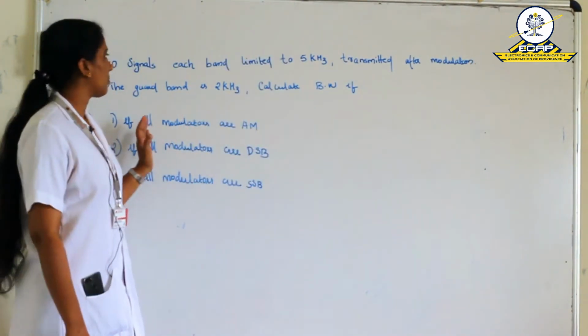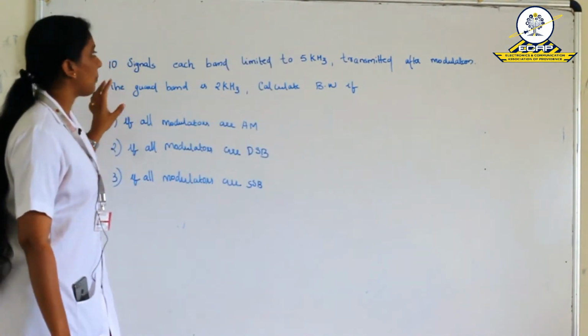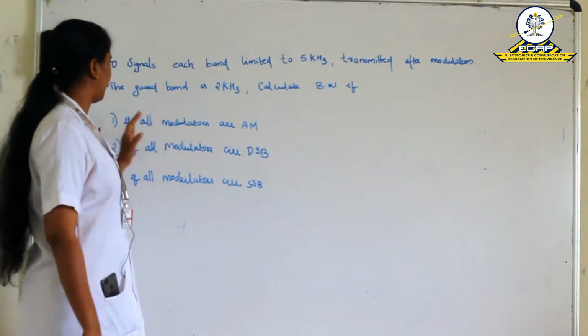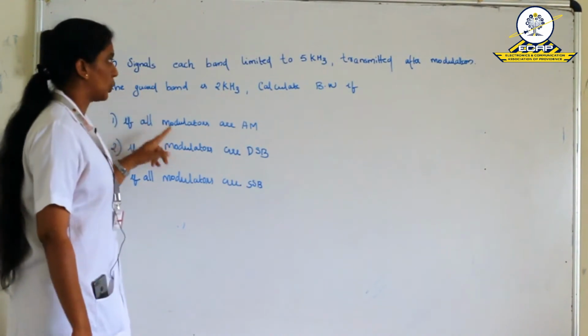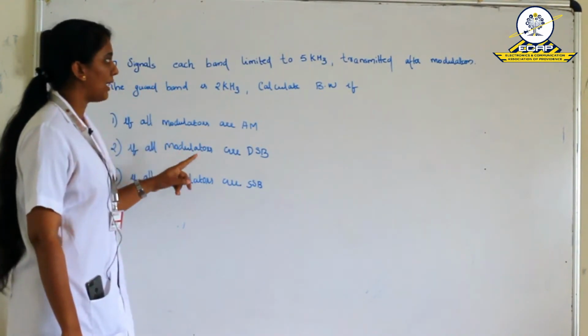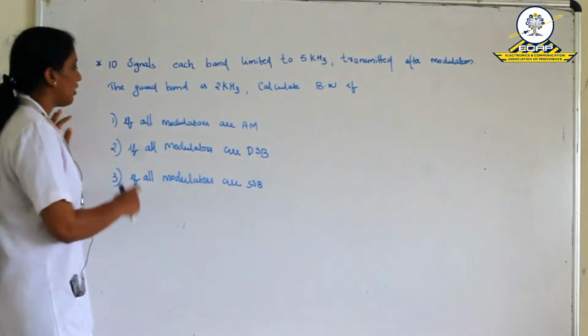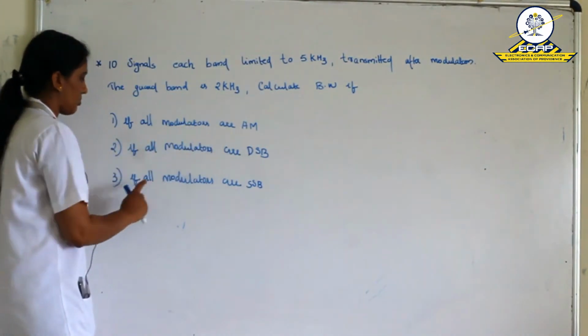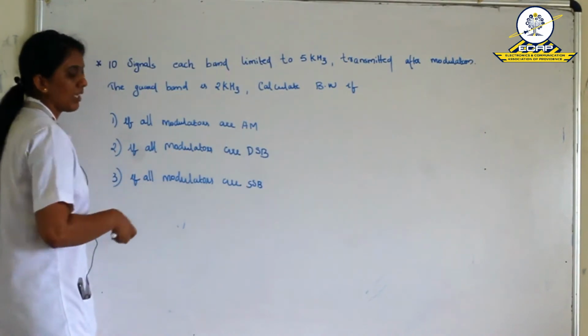Today, the first question is: 10 signals, each band limited to 5 kHz, are transmitted after modulation. The guard band is 2 kHz. Calculate the bandwidth if all modulators are AM, if all modulators are DSB, and if all modulators are SSB.